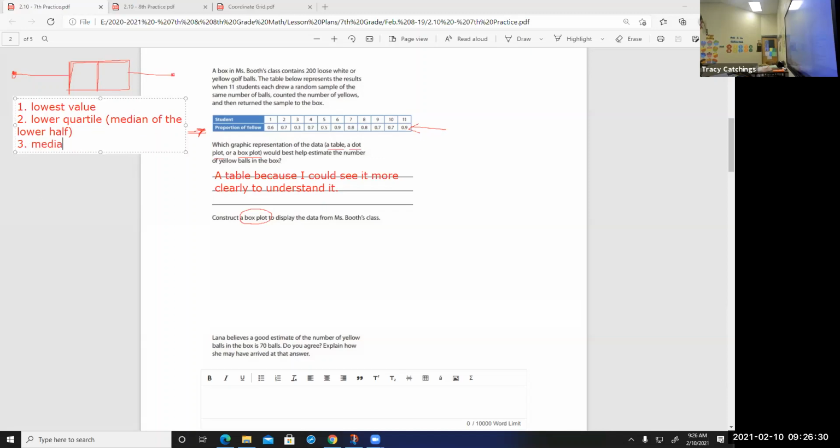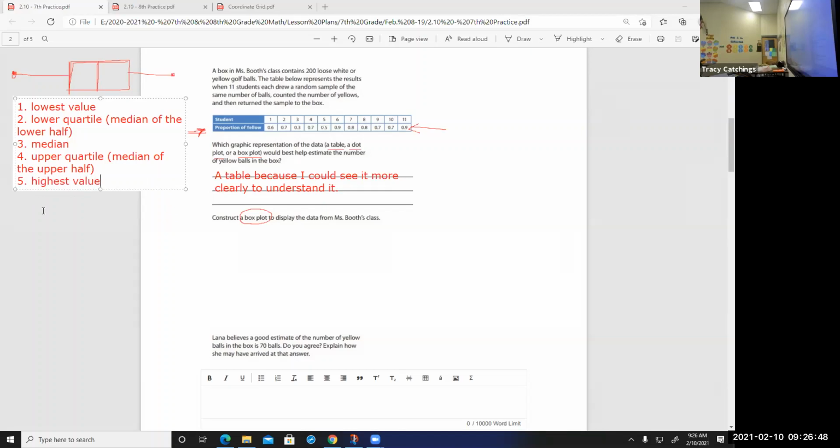The third value is the median. The fourth value would be the upper quartile, or the median of the upper half. And then that 5th value is the highest value.